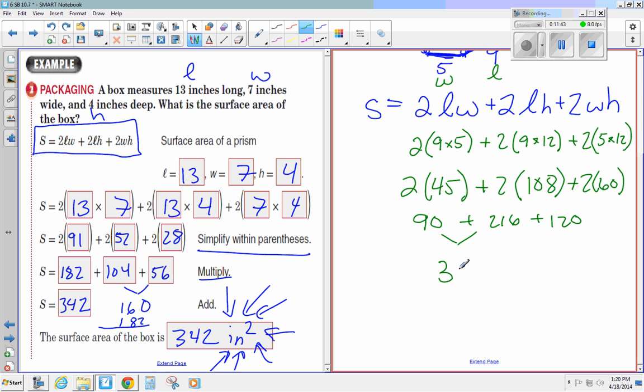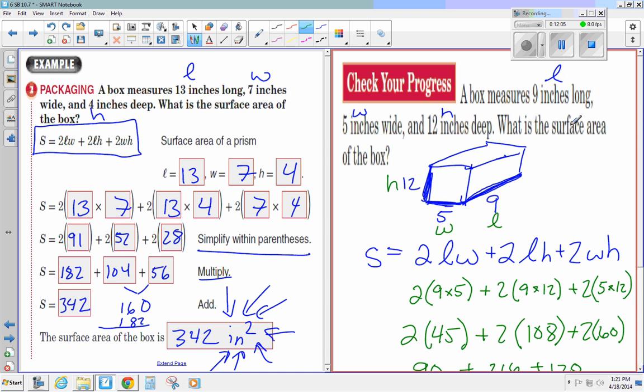That's 306 plus 120 becomes 426. So the numerical value is 426. And since we're dealing with inches, it should be 426 square inches.